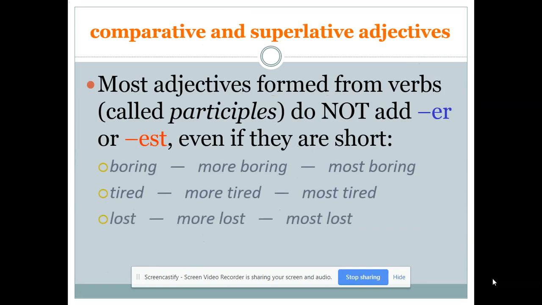And any adjectives that come from verbs with what's known as a participle ending, an -ing ending or a past tense ending added to the verb in order to make it usable as an adjective, those are called participles. Those also, pretty much always, become comparative or superlative by adding the word more or most.